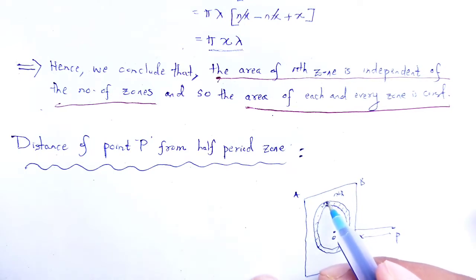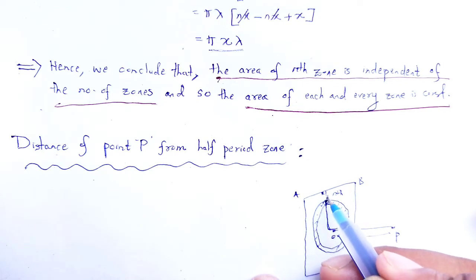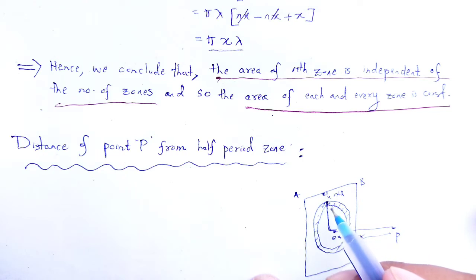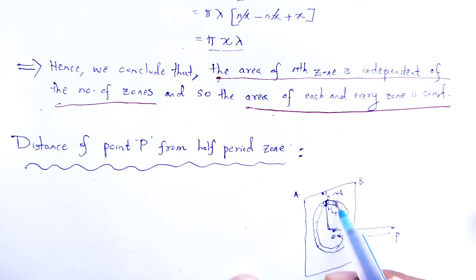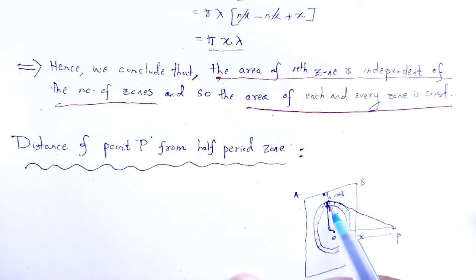Here that segment is the radius OMn and here is the radius OMn minus 1, joining these two.